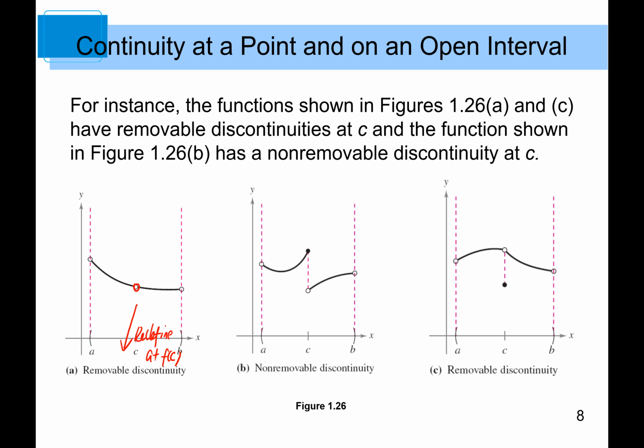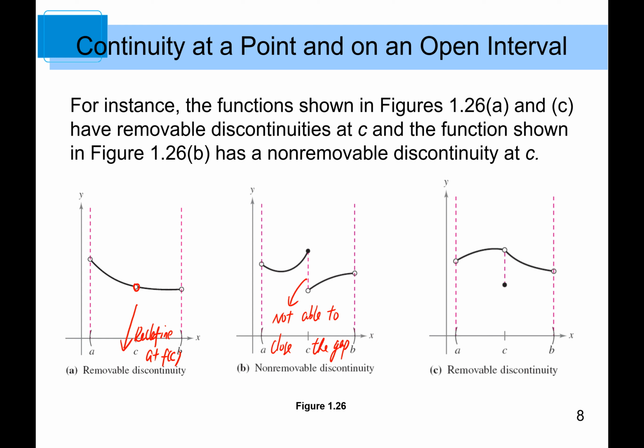And the second case is a non-removable discontinuity, because there's a big gap. So we can never close the gap. We are not able to close the gap, and we could not define f of c.